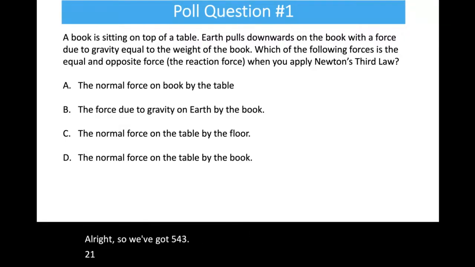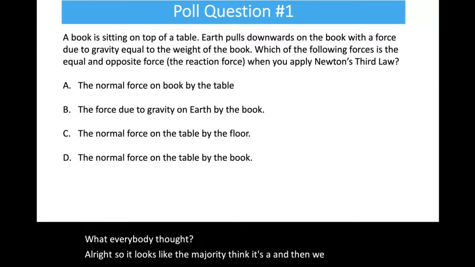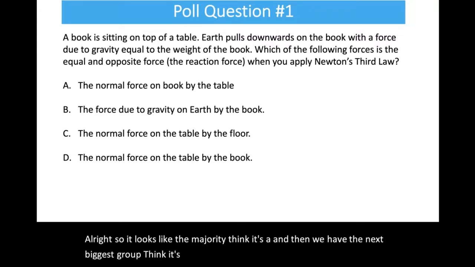Let's see what everybody thought. It looks like the majority think it's A. Then the next biggest group thinks it's D, and the next biggest group after that thinks it's B.